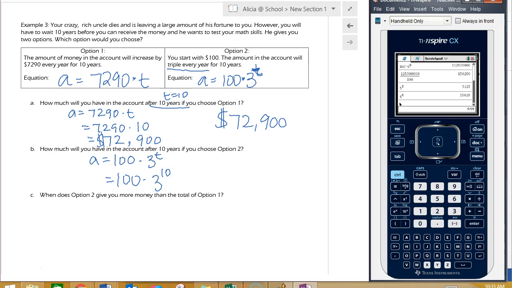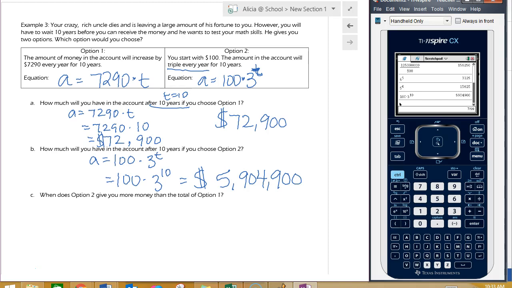And again, if you want to plug that into your calculator here, 100 times 3 raised to the 10th power. And that gives me 5,904,900.